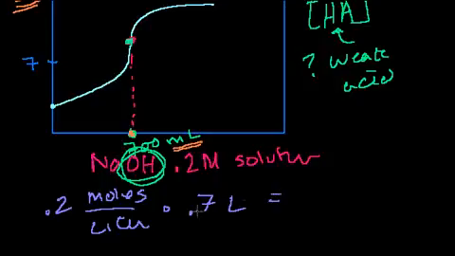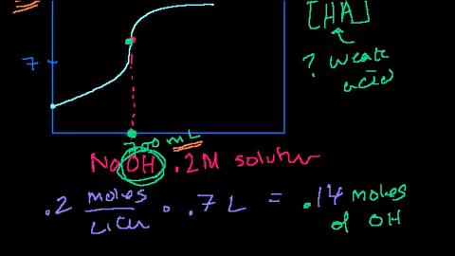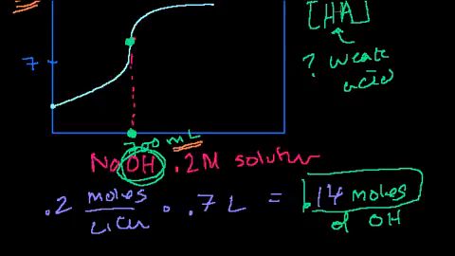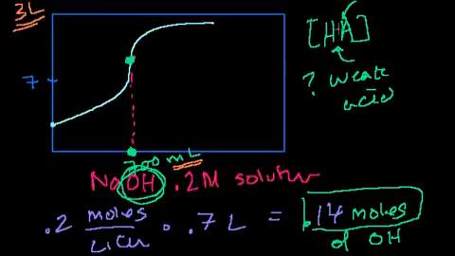So how many moles have we added to this situation? 2 times 7 is 14, and we have two numbers behind the decimal, so it's 0.14. So 700 milliliters of 0.2 molar sodium hydroxide, or 0.7 liters, we're going to have 0.14 moles of essentially OH that we put into this solution, which means that it canceled out completely with the same number of moles of our original acid.